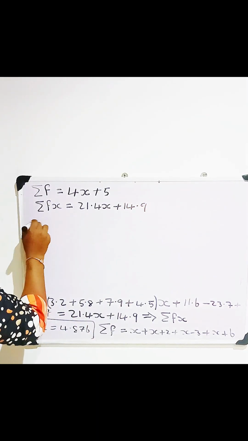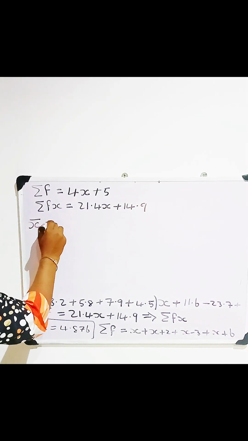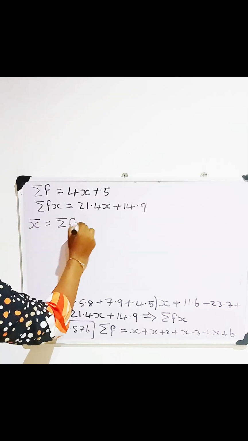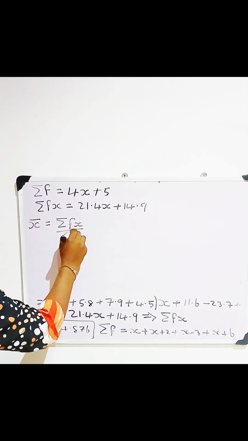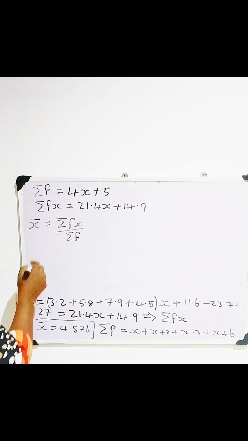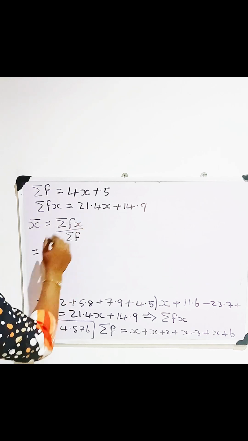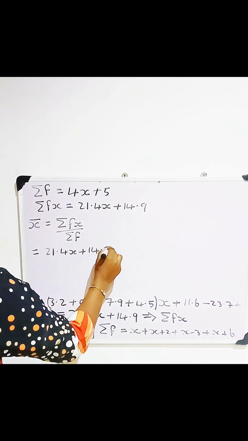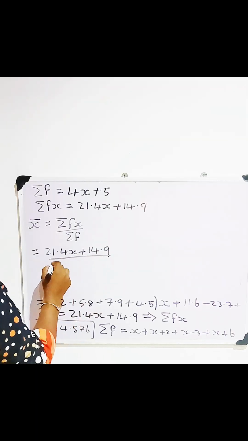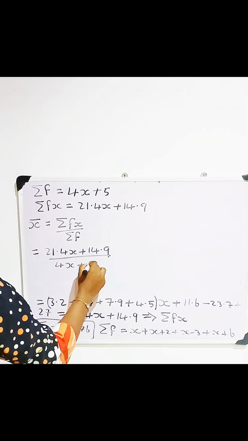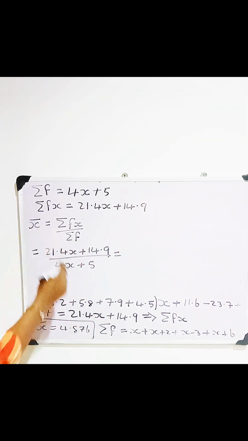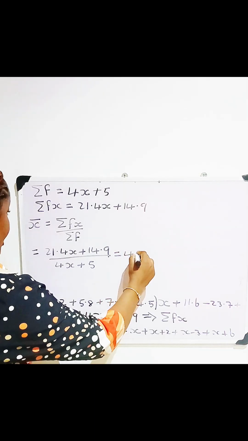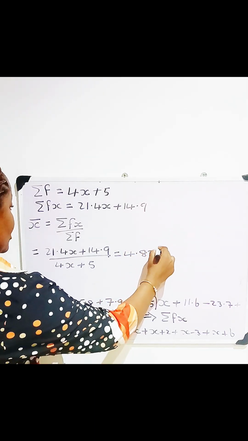So now let's go back to our main formula. Our mean is equal to the summation of fx over the summation of f. So this will be equal to 21.4x plus 14.9 all over 4x plus 5, equal to the mean. What was the mean? 4.876.